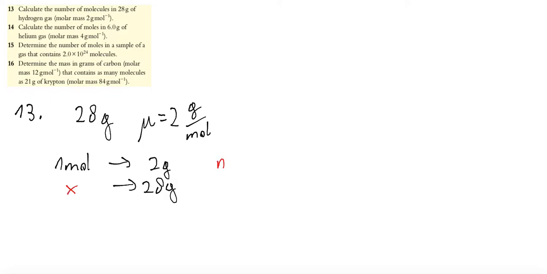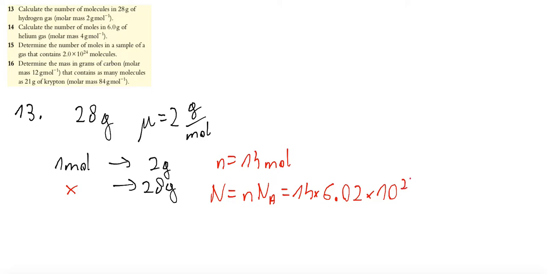Of course, the number of moles in this situation is 14. So we have 14 moles of gas. And how many molecules? Number of moles times Avogadro constant is the number of molecules. Remember, Avogadro constant is given in your data booklet. So by multiplying this times this, you have the solution. And this is the answer for exercise number 13.